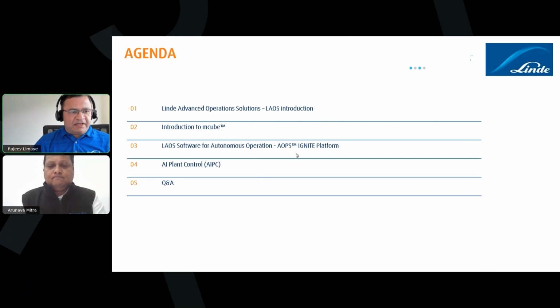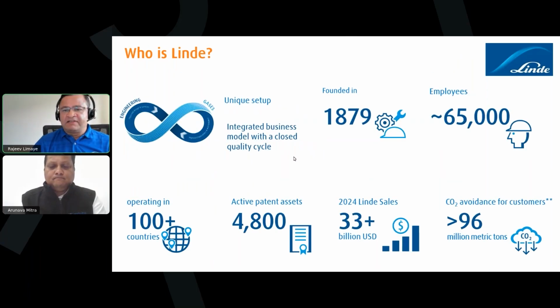So to begin, let me give a quick introduction of the company. Linde is one of the leading global suppliers of industrial gases and also an engineering company. This integrated business model of an engineering company and an operating company is a very unique setup in the industry.